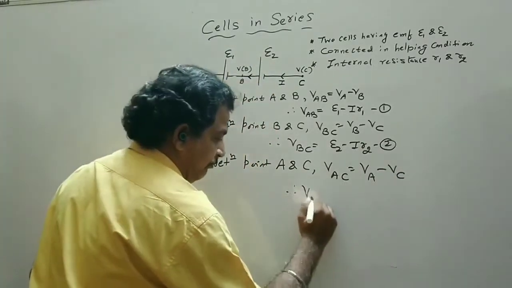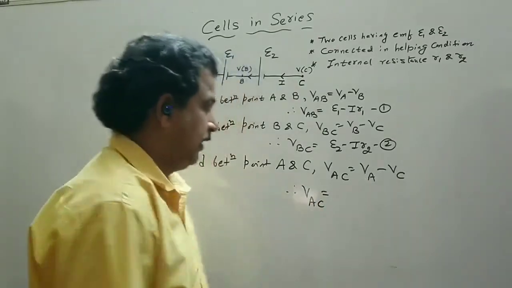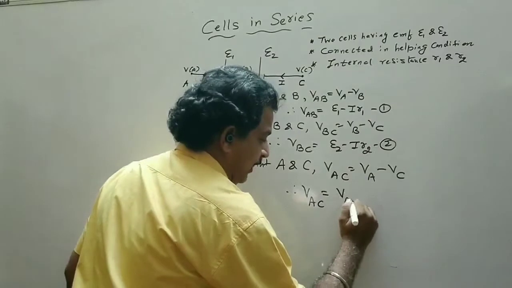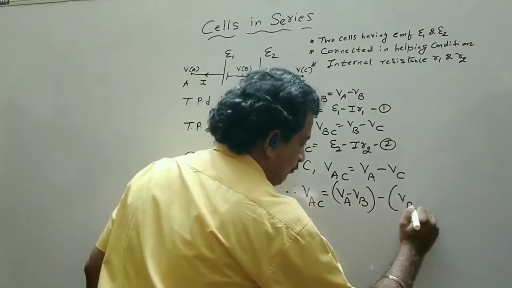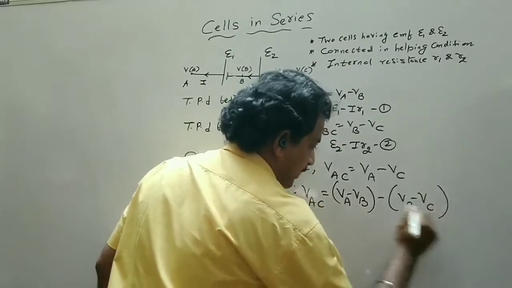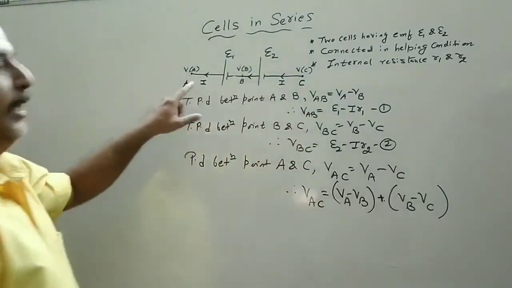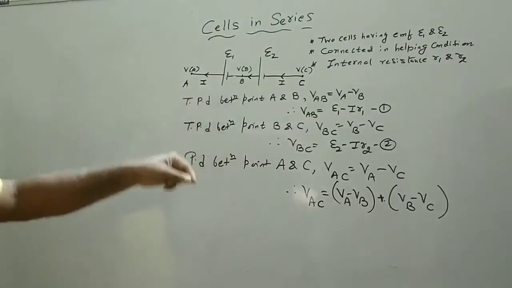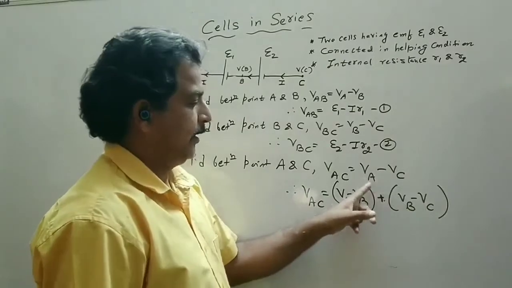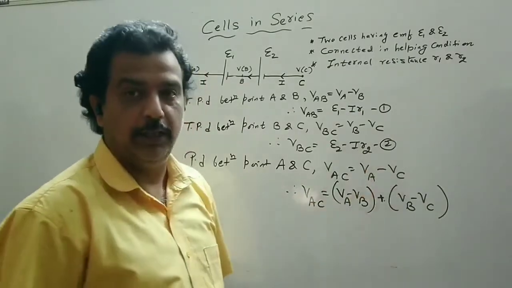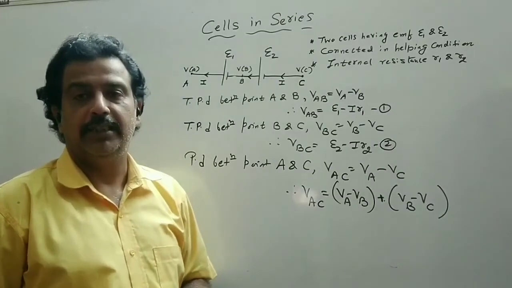Therefore, VAC is equal to, now this VA minus VC can be written as VA minus VB plus VB minus VC. So if you check this, it is similar to VA minus VC, or we know that in series combination the potential difference is divided.